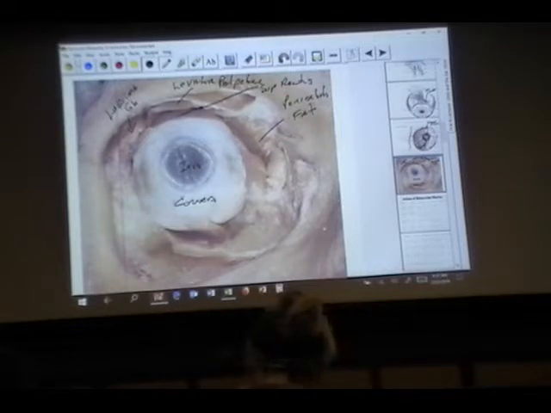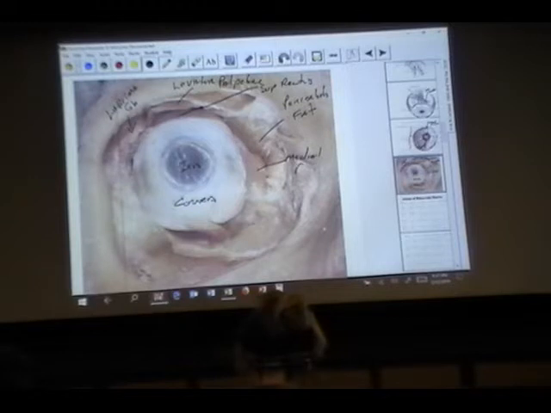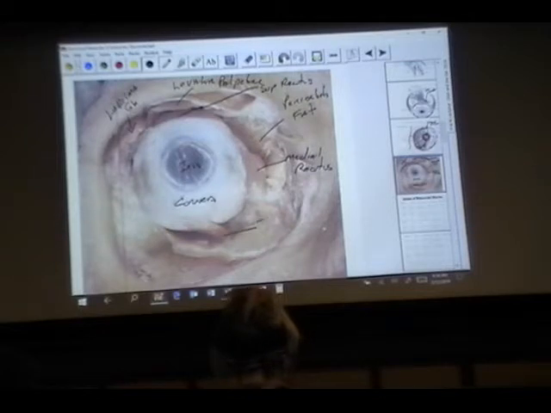Here is the medial rectus. Here is the inferior rectus.